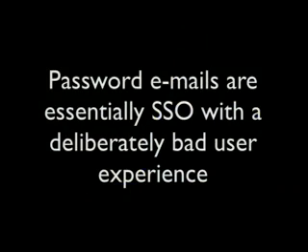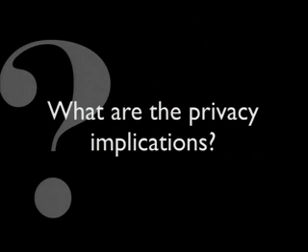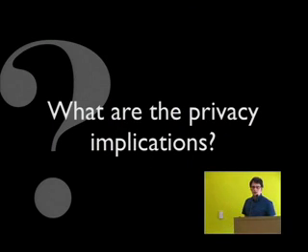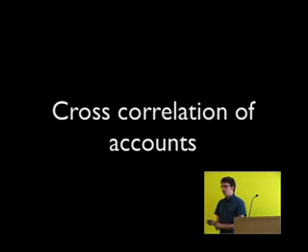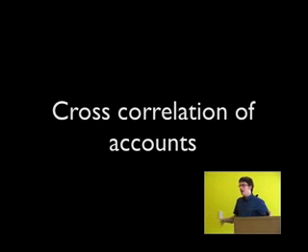What are the privacy implications of this stuff? This is the other question that comes up frequently. And well, there's a bunch of these, but the most obvious one is cross-correlation of accounts. If I'm using an OpenID in lots of different services, someone or some crawler could tie together all of those accounts and build up a huge profile of my activity online.